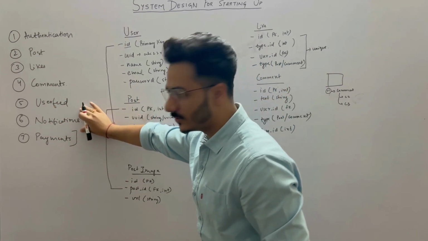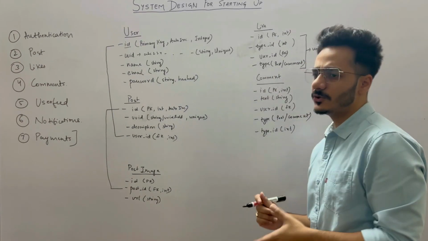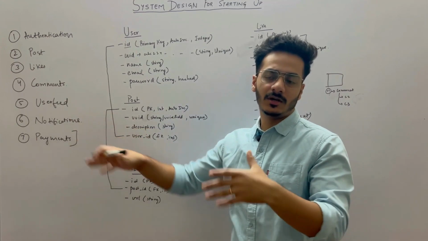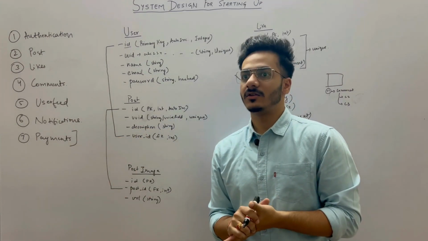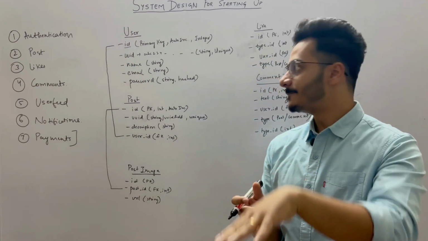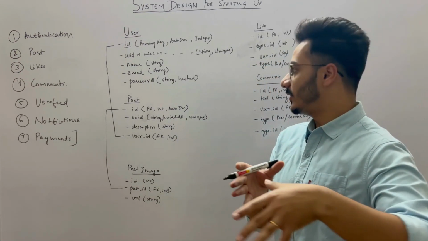Now let's focus on this notification. For this notification also, you may want to store this in database or not. It's your choice. You might think that notification is not very important. You just push it to the users. So at that stage, there is no need to store it.